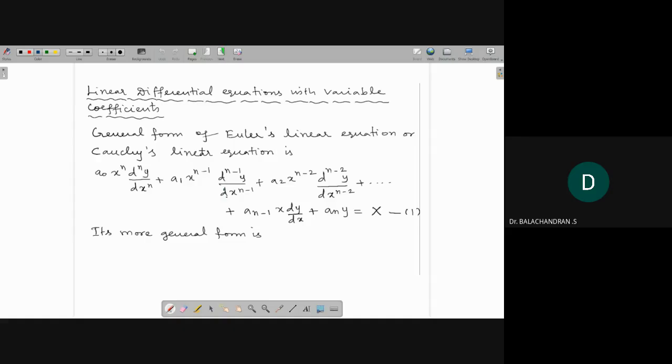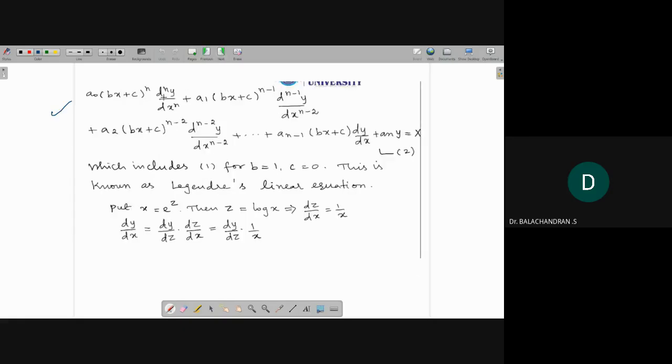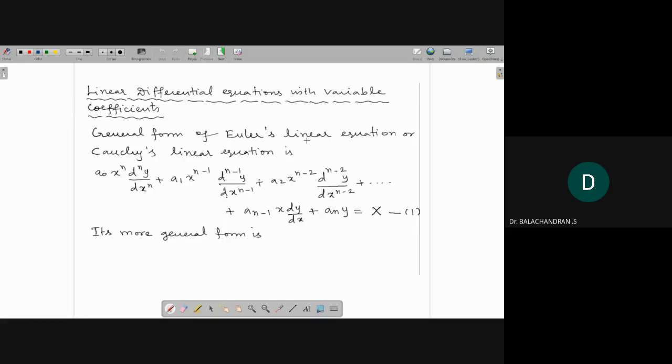So this is a particular case of this equation. The name of equation 2 is the Legendre linear equation. If you substitute b equal to 1 and c equal to 0, you get the Euler homogeneous linear equation or Cauchy linear equation.